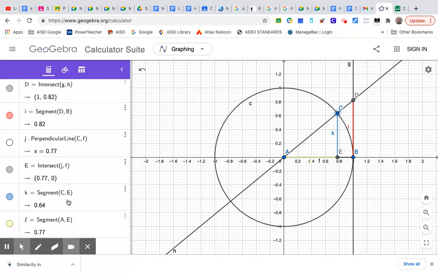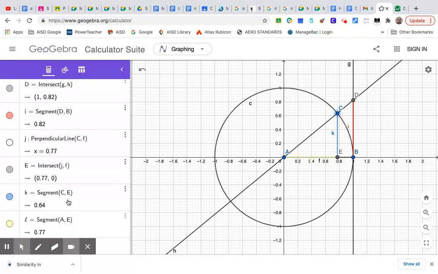CE over AE is equal to DB over AB. Height over base is equal to height over base, so the ratios are equal. Well, CE is sine, AE is cosine, DB is some segment, and AB is 1. And so DB is tangent. That's how, before calculators, you figured out the length of DB, or the tangent.